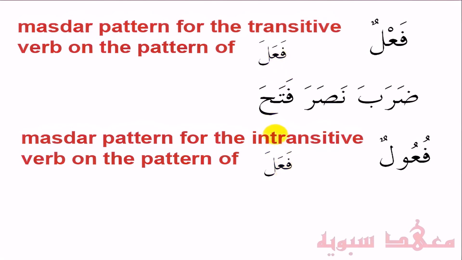But this is for intransitive verbs and this is for transitive verbs. So an example of the intransitive would be jalasa yajlisu and julusun. Both of these mean he sat, qa'ada yaq'adu and qu'udun. And I actually have a lesson on the difference between these two verbs. So I'll link that up, inshallah.